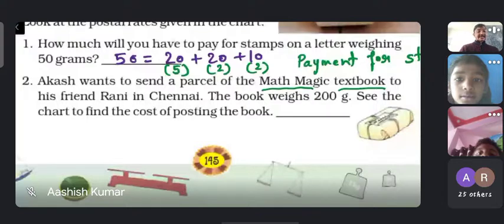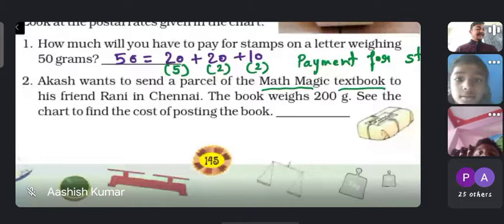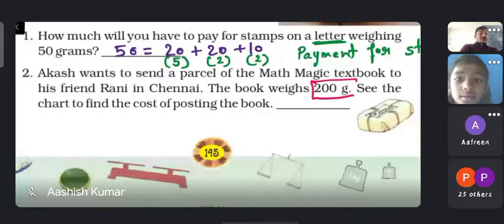So Akash wants to send a parcel of the Math Magic textbook. What is the weight of the Math Magic textbook? The weight is 200 gram. So for a 200 gram book, what will be the price?